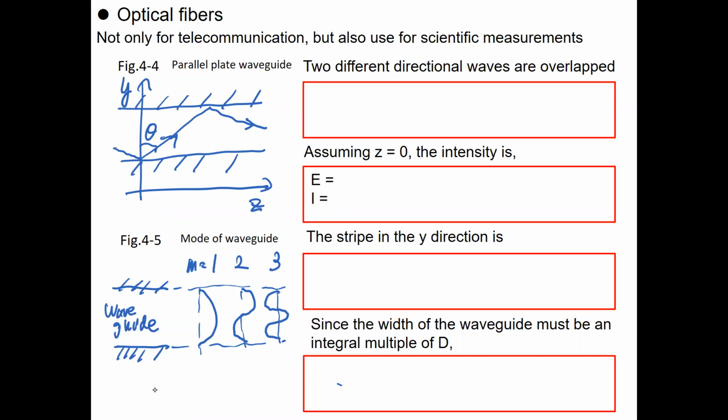space, you have two different directions of the light you can find, right? Which are the k vector, k and k dash.